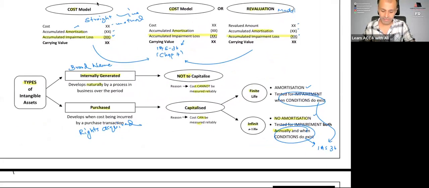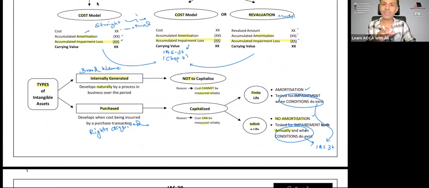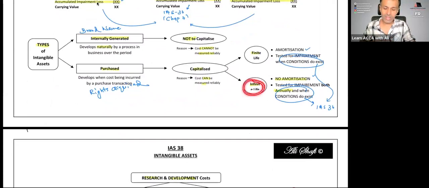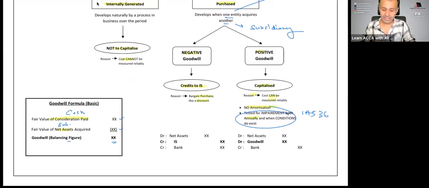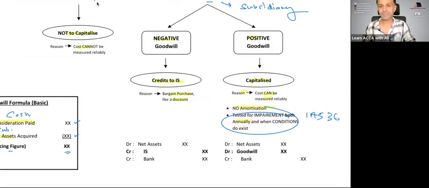But those that have a finite life are only testable when the conditions do exist. I was not explaining that to you at that time, and now I can cross-refer it. Those intangible assets that have an infinite life are tested for impairment annually, and the goodwill, the one that's been purchased, is also tested for impairment annually.